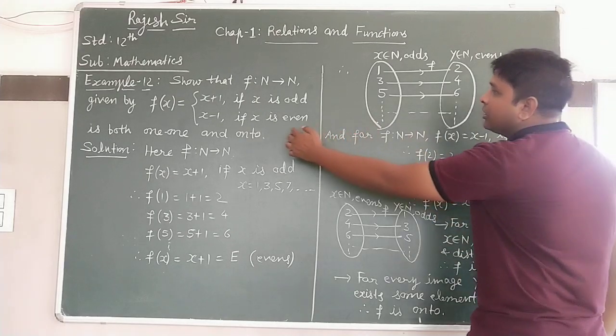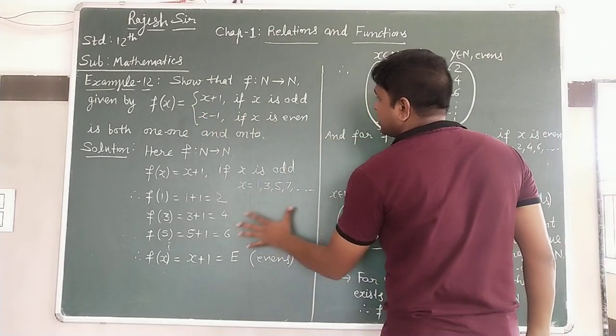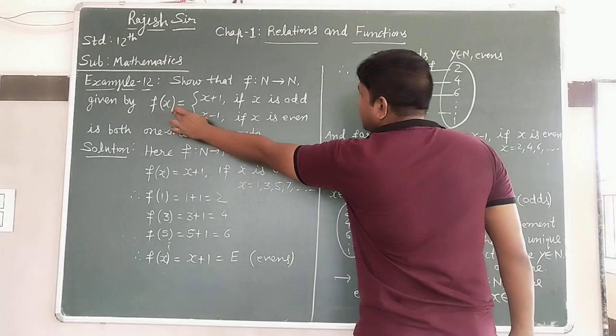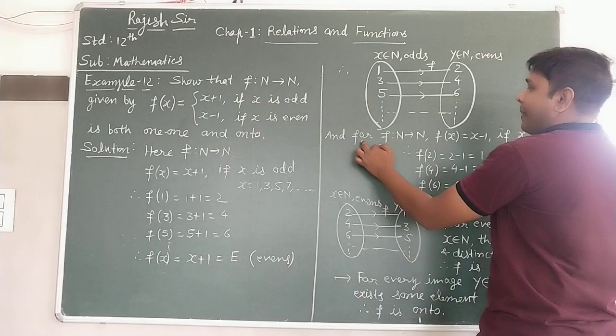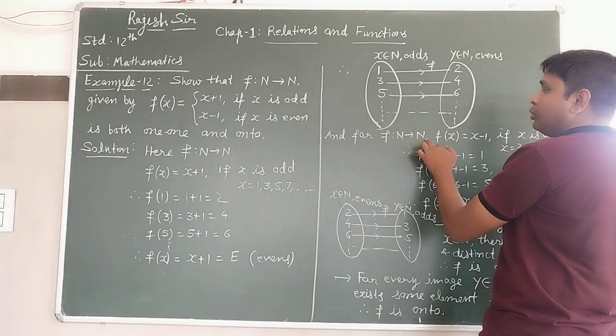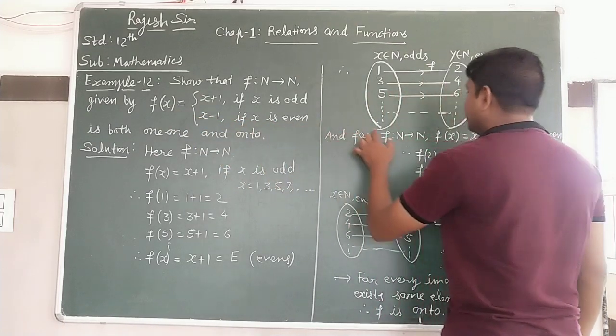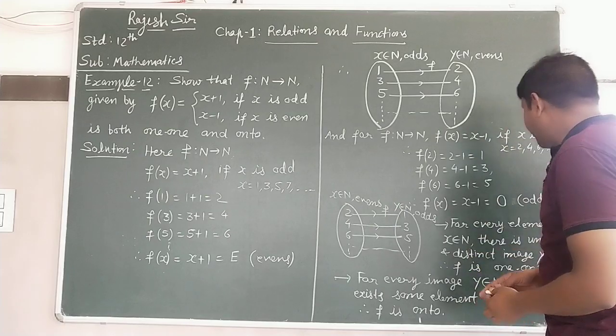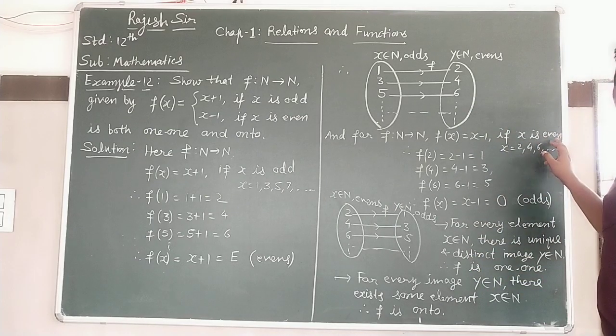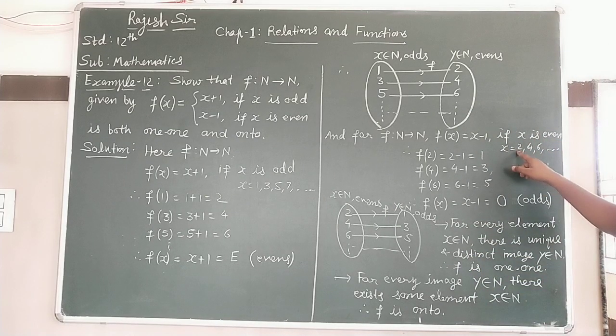Now we take the next part of it. For the function f from N to N, f(x) equals x minus 1 if x is even. And we know that the evens are 2, 4, 6 and all even numbers.